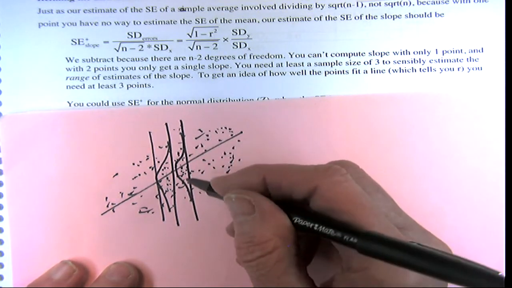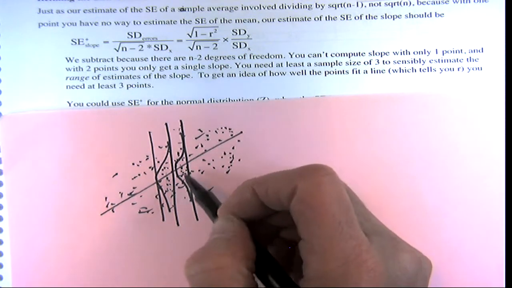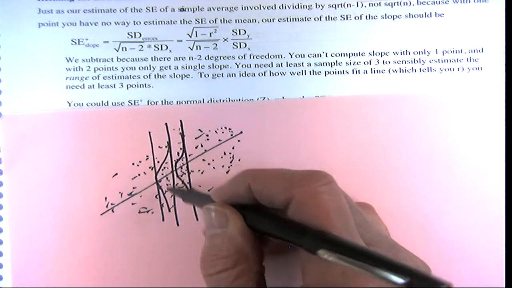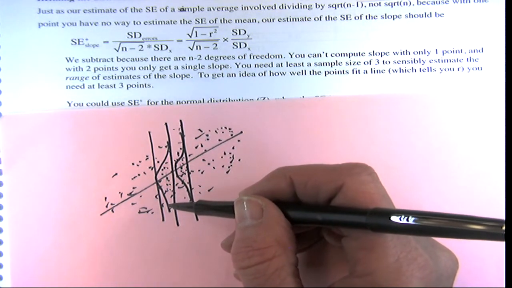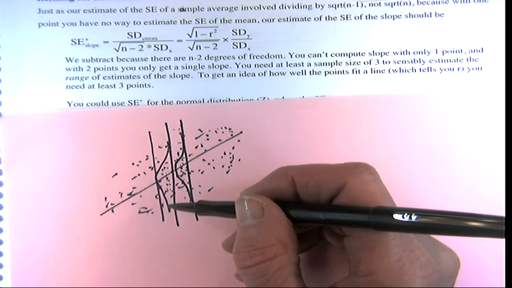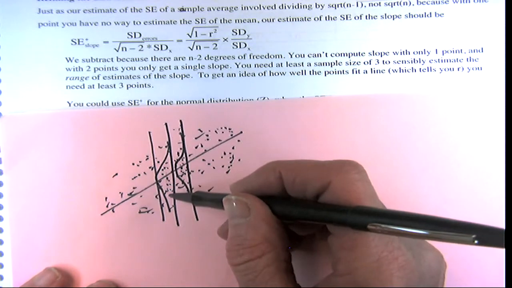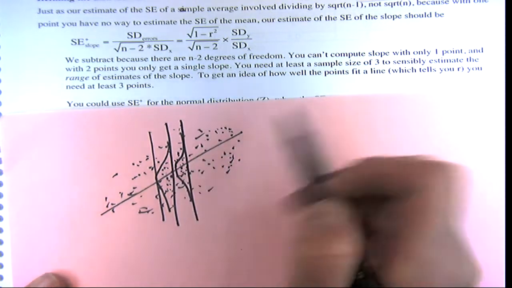But with a small sample size, that's not going to happen unless the data itself is normally distributed. So that's true for both using the z and the t. But with a large enough sample size, you don't need that assumption of normality. But if you're going to have a small sample size, you do.